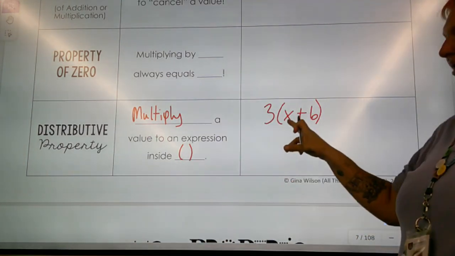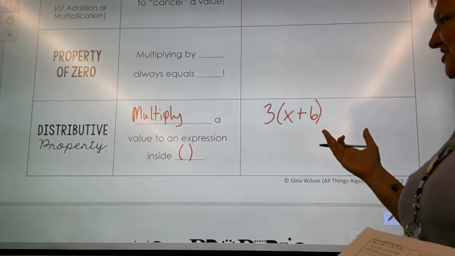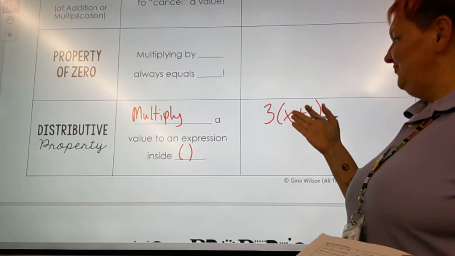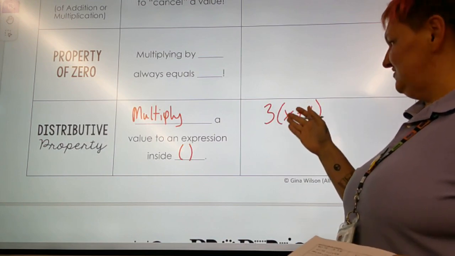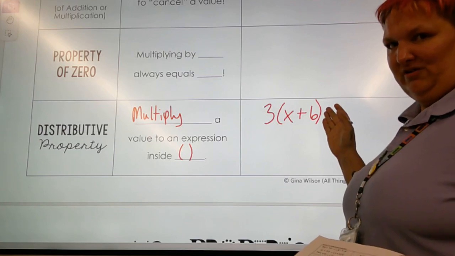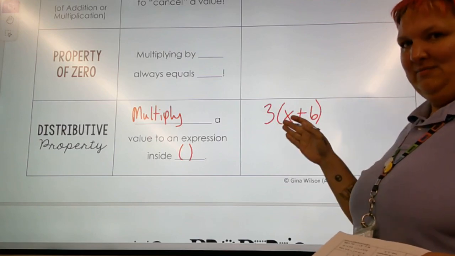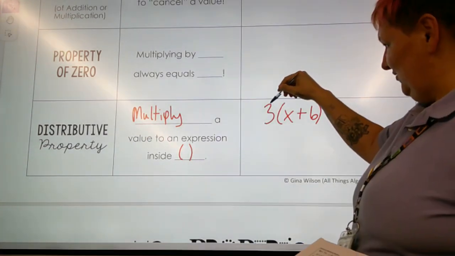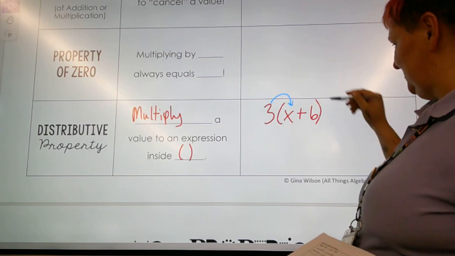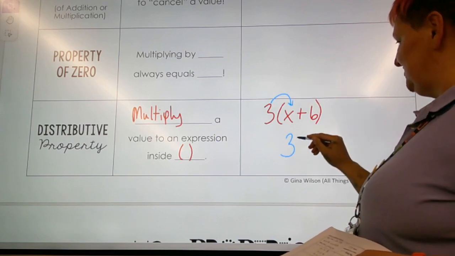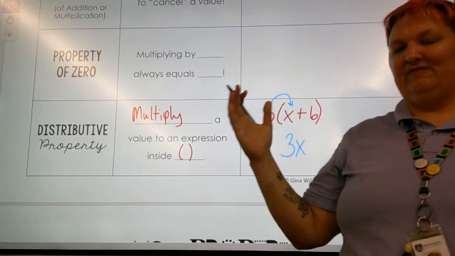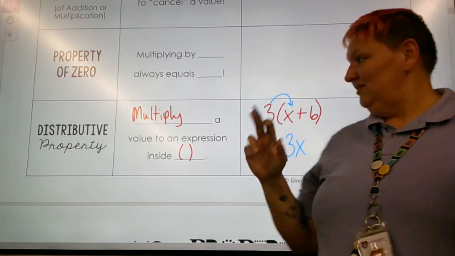Well, we can't combine these, which would be our first step in order of operations, right? We can't, because they're not like terms. One is a variable and one is a number. You can't combine them. So we use distributive property to multiply what's outside the parentheses. 3 times x is 3x. When you're multiplying a number and a variable, you just mash them together.